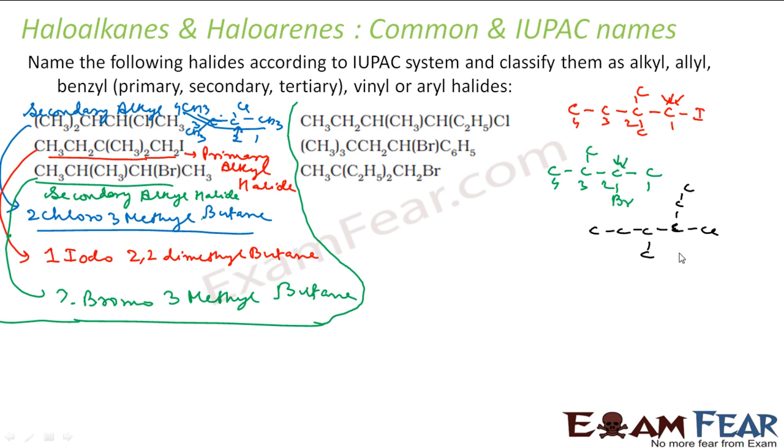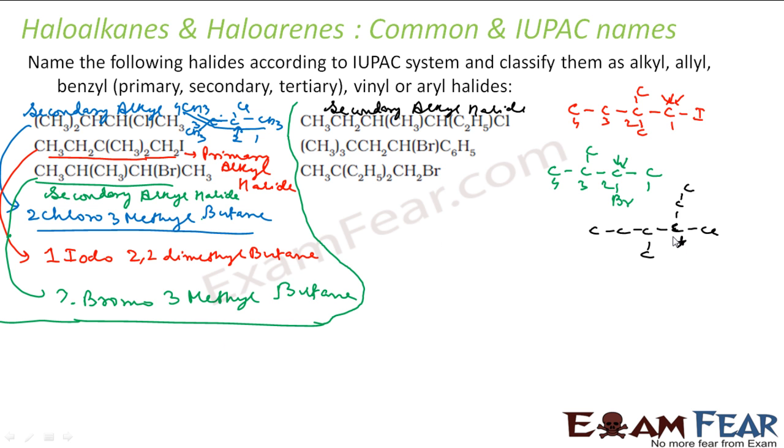The longest chain is obviously this. So who is the hero? Hero is this carbon. So this carbon is attached to 2 carbon atoms, and this is alkyl actually, so it's also secondary alkyl halide. So let me write here. Secondary alkyl halide.